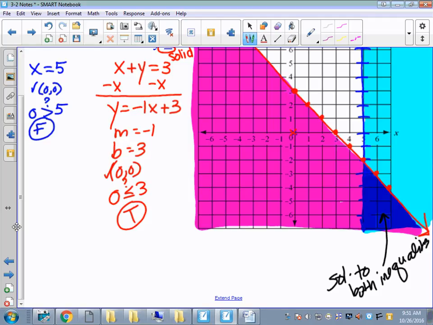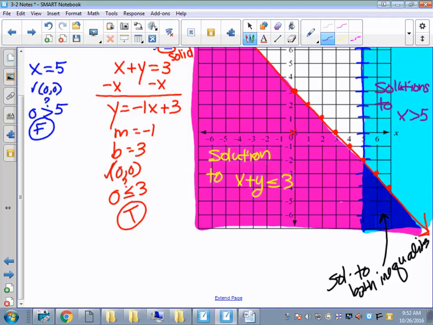The pink area are the solutions to x plus y less than or equal to 3. The light blue area are the solutions to the inequality x greater than 5.